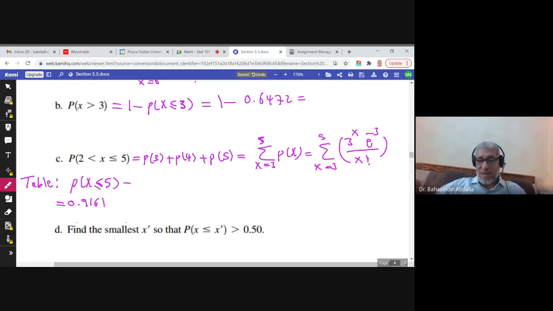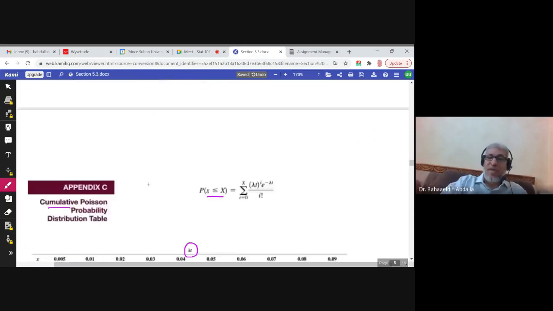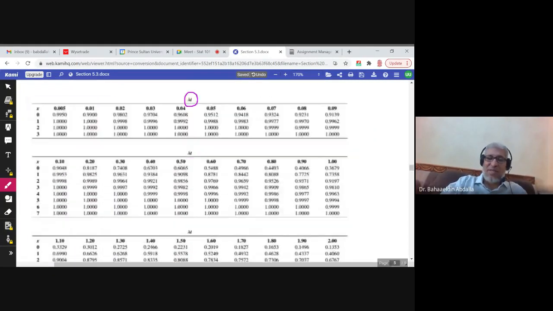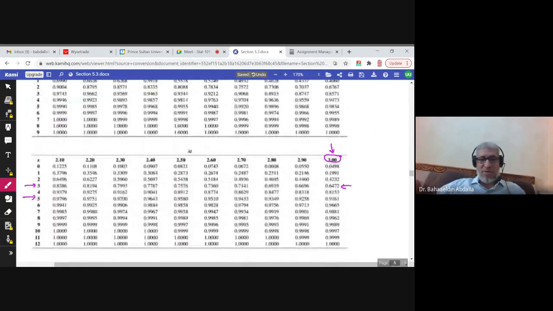So I have to subtract what? X less than or equal to 2. If you subtract less than or equal to 2, then you will have only 3, 4, and 5. You have to write it less than or equal because in this table you only have less than or equal. So how to find less than or equal to 2? You look at 2, 0.4232.